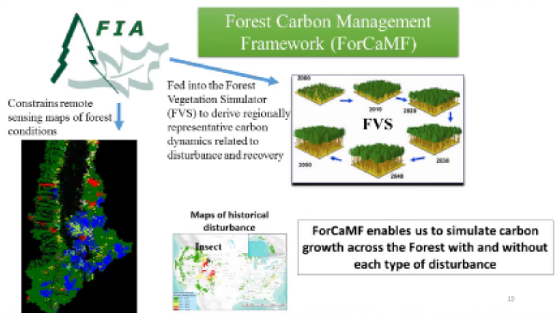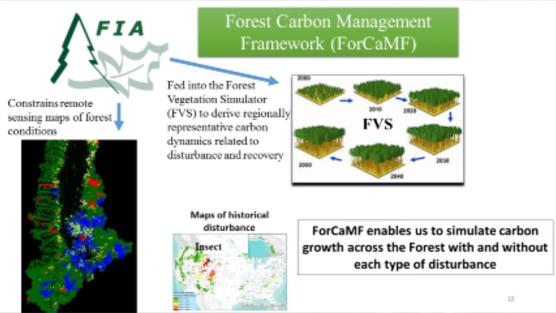So basically what we do is we run all of the FIA data through FVS. This is basically a growth model that allows you to represent different kinds of change, disturbances, and managements. We run every FIA plot through that, and we're able to develop generalized carbon trajectories for every pixel or every stand in your national forest.